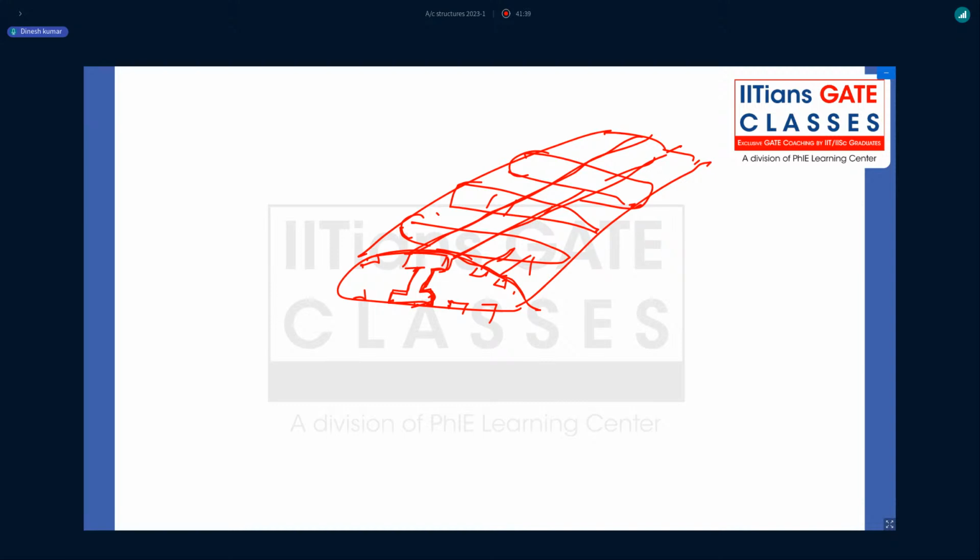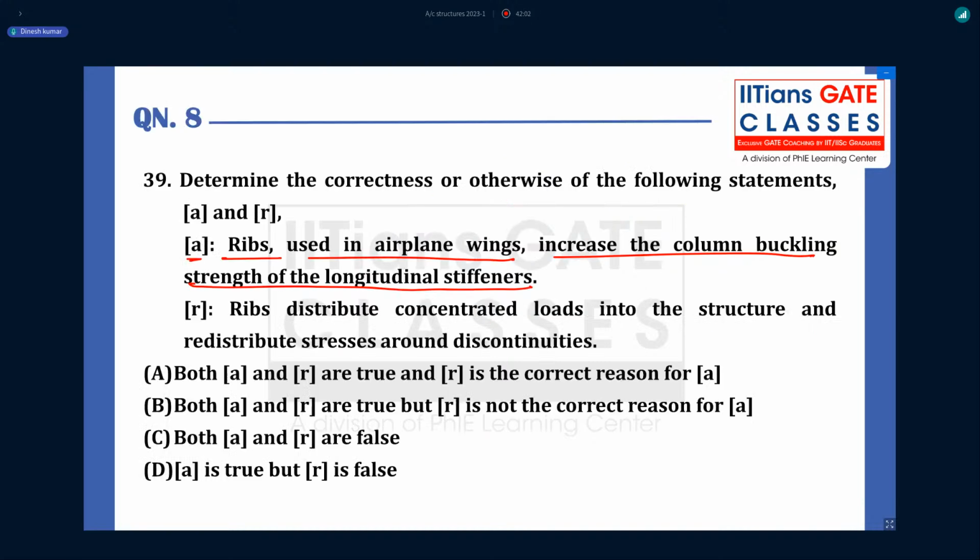So what do ribs basically do? Ribs will divide your skin into multiple panels, or the longitudinal stiffeners into multiple lengths. So if the length is decreased, it will increase the buckling strength. But how?